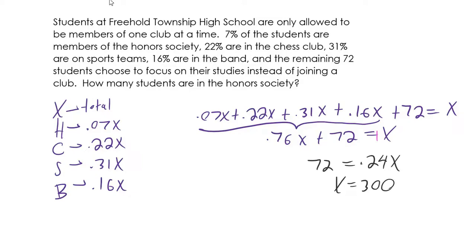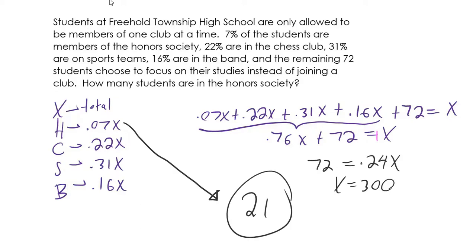So we just found out that there are 300 total students, and how many of them are in the Honor Society? Well, that would be 7% of the 300, so multiply that by 0.07, and that gives us 21, and that's the answer to our question.